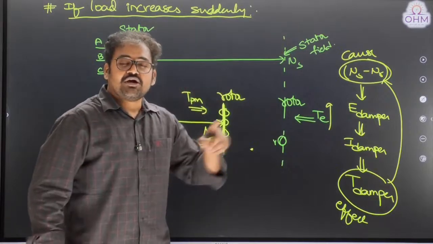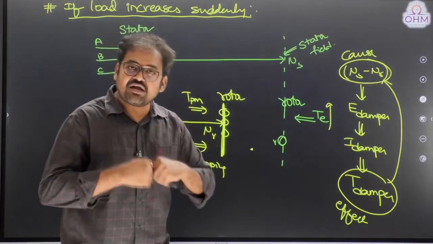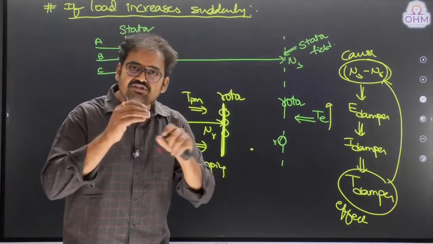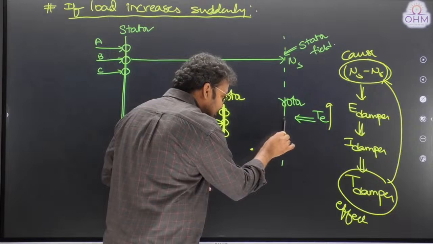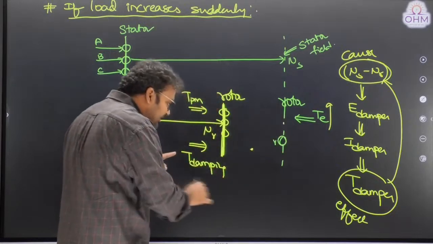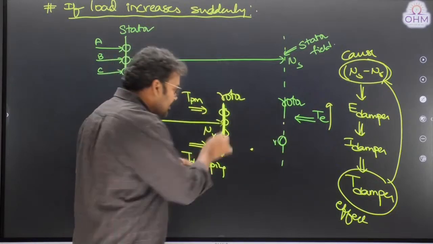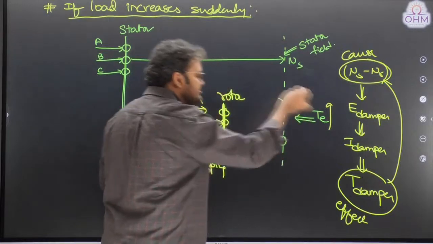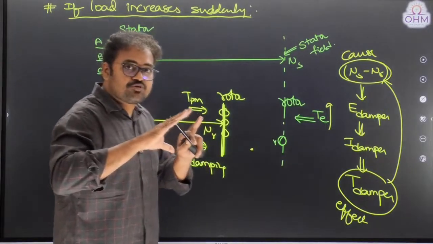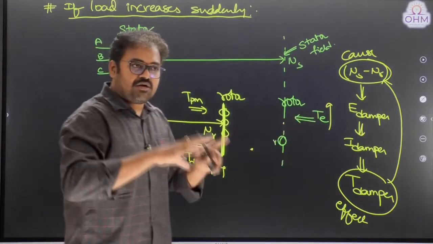We all know that a rotating body stores some mechanical inertia. Because of that mechanical inertia, even though the rotor reaches synchronous speed, even though the damping torque becomes 0, the rotor will not stop here. It will further accelerate because of inertia. Just imagine you are pushing a car, or any object.